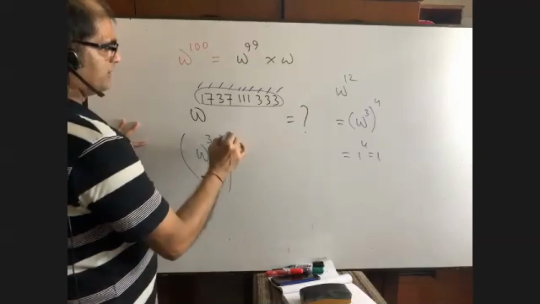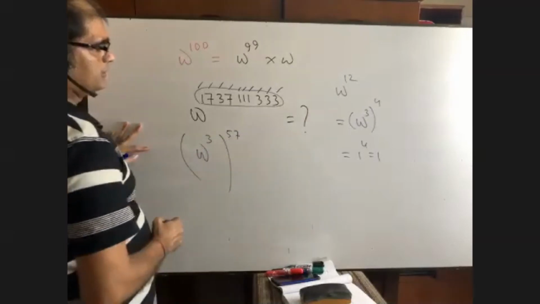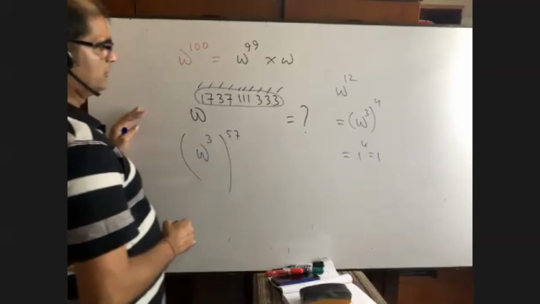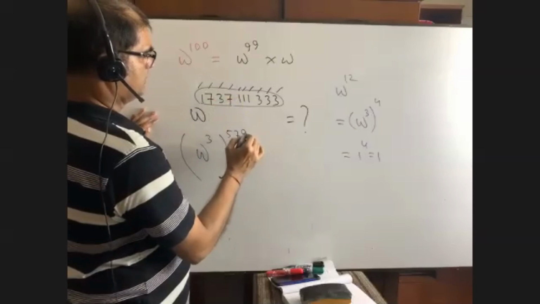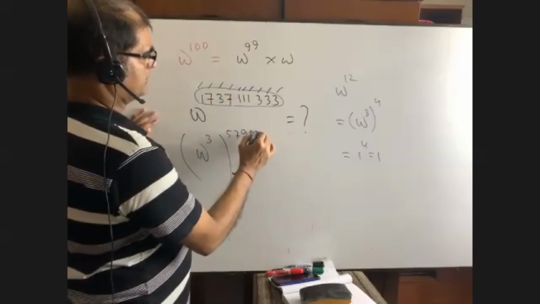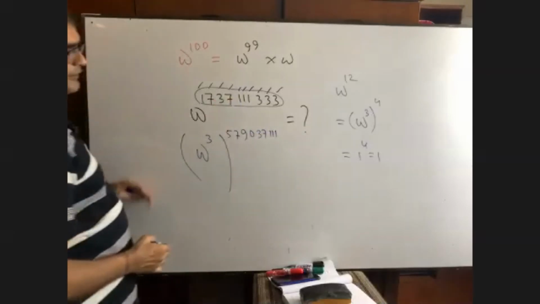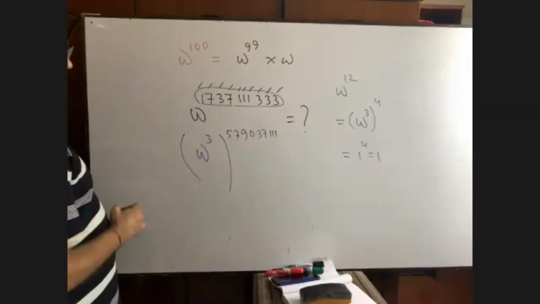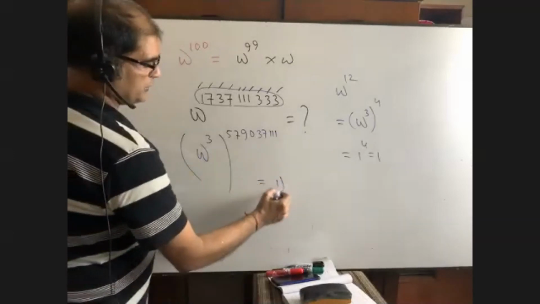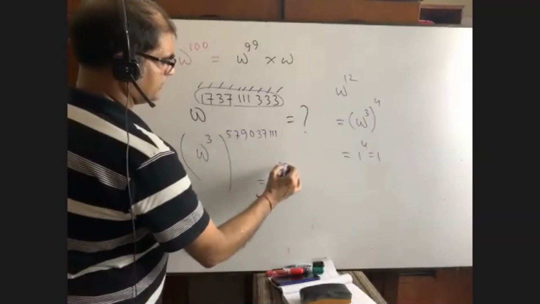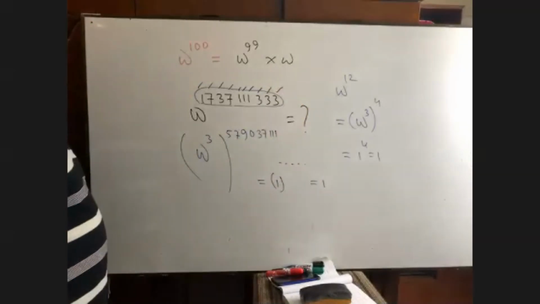What is here? 5, 7? 9037. Yes, sir. Okay. So it is 1, right? You see it is 1. So 1 to the power, what I have written? That means what? 1. I think you have got me, right?